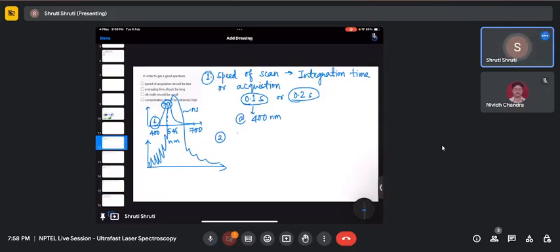So you can say that we can use xenon lamp mostly for the visible range, and for the excitation in the UV we can use a deuterium lamp.